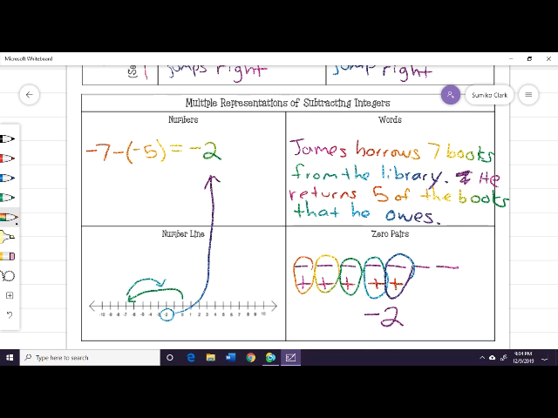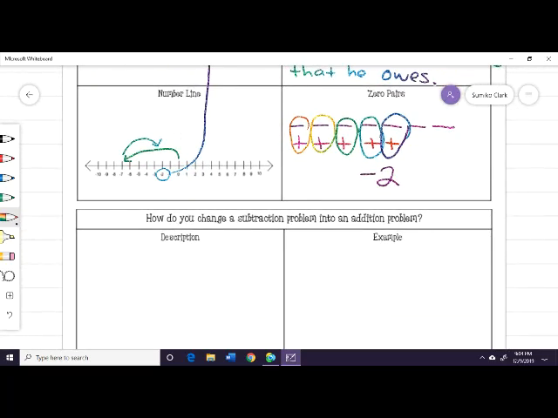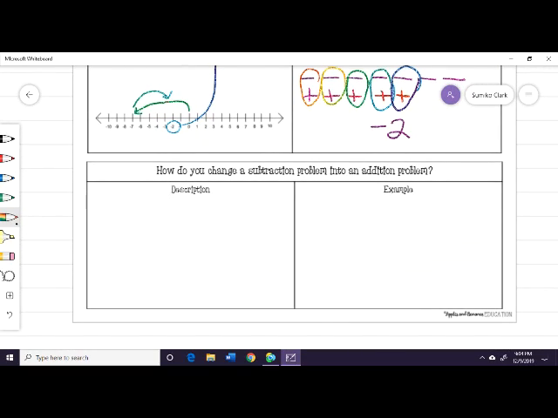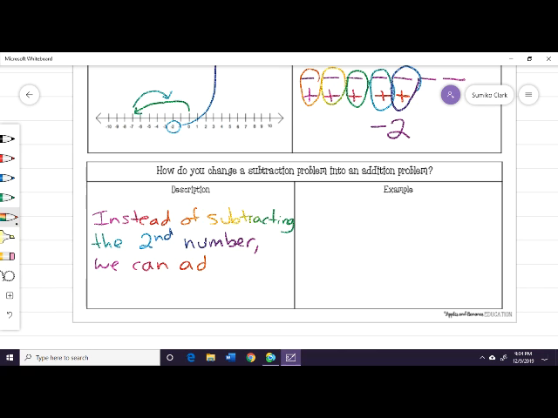So let's real quick look at how you change a subtraction problem into an addition problem. So instead of subtracting the second number, we can add the opposite of the second number.